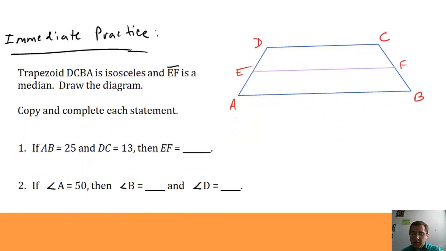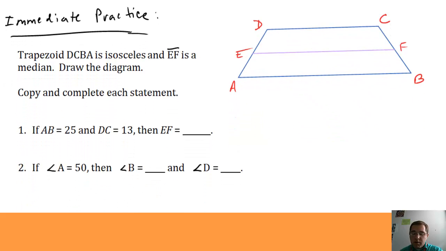Okay, now try your immediate practice problems. Trapezoid DCBA is isosceles, which means DA is congruent to CB, and EF is a median of the trapezoid. In your notes, draw the diagram, and then copy and complete each statement. Number 1, if AB is 25 and DC equals 13, find the length of the median EF.